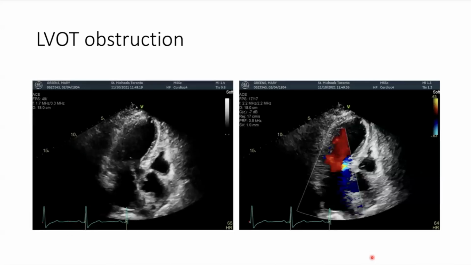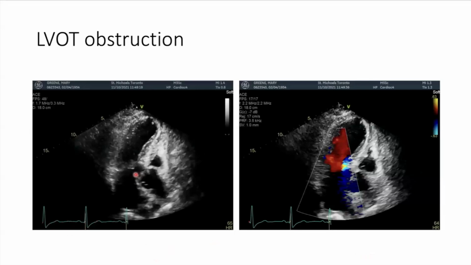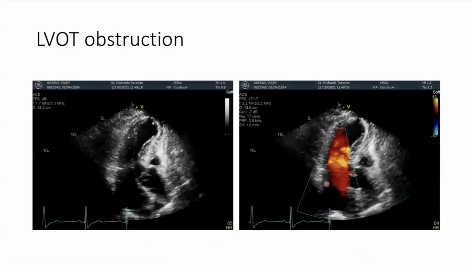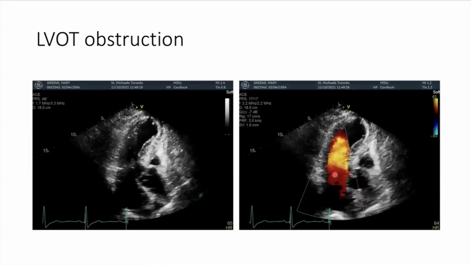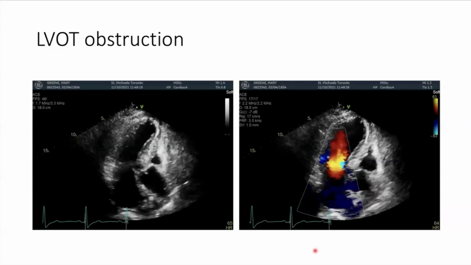So this is an example of an apical infarct with SAM. If you look closely, when there's systole, there is movement of the anterior mitral valve into the LVOT. And when you put color over it, you can see that there is a puff of regurgitant jet, posteriorly directed. So all this is pointing to SAM and LVOT obstruction.